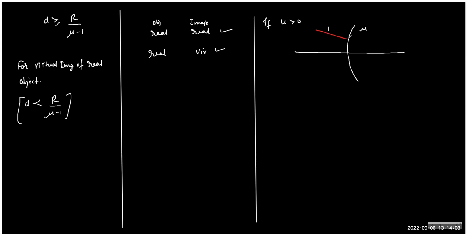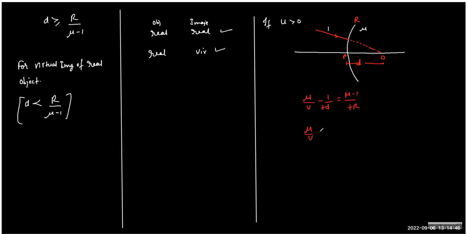If the incident ray is like this, if this is your object, if this is your D, the R is anyway positive here, isn't it? So mu2 by V minus mu1 by U, but U is D, correct? And it's plus D. Mu2 minus 1 by plus R. Is it clear?